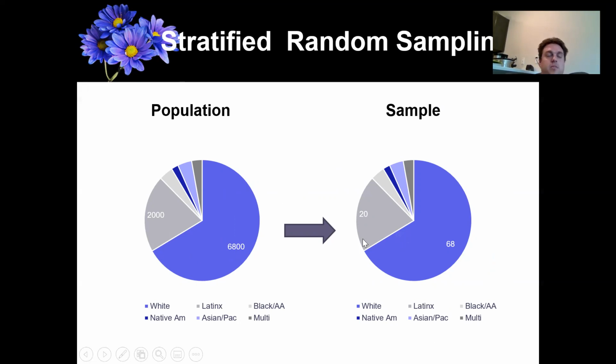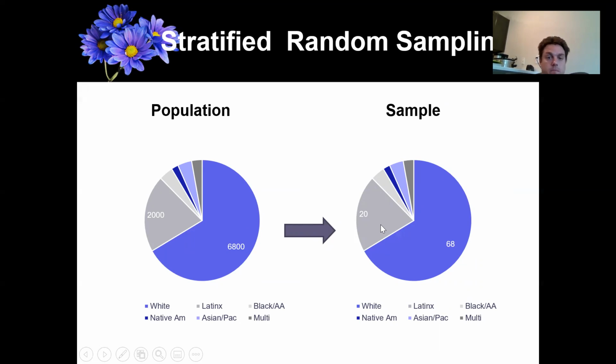Again, these are not real numbers, just examples, but say my total sample is going to be however many people. Well, the proportion should match that of the population. So if the population is 68% white and 20% Latinx, well, then my sample should reflect that. It should be 68% white, 20% Latinx.